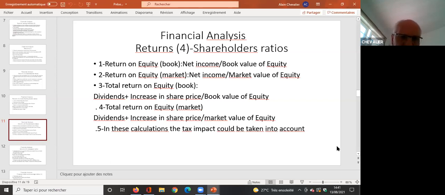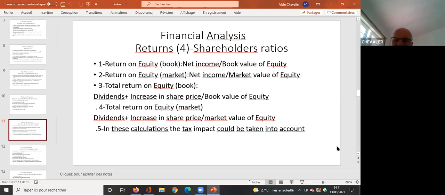And he will say, okay, if I want to find some kind of proxy of my performance, I will compare the dividends I got plus the increase in share price, the total of these two data, to the investment.